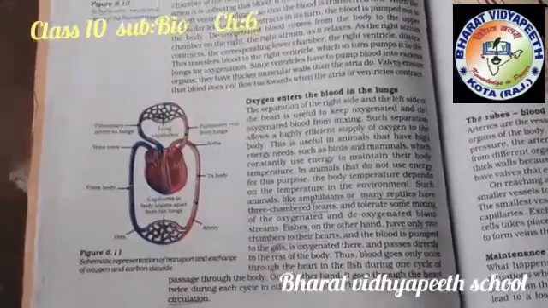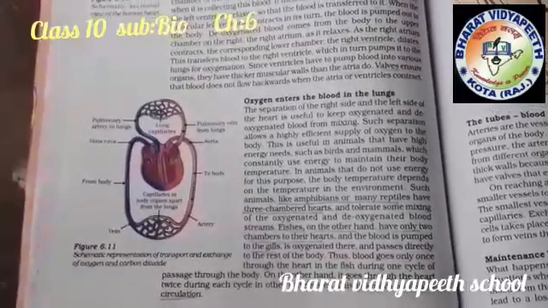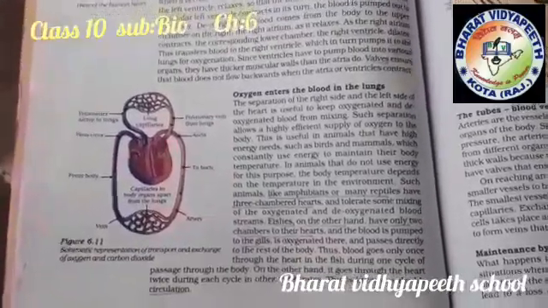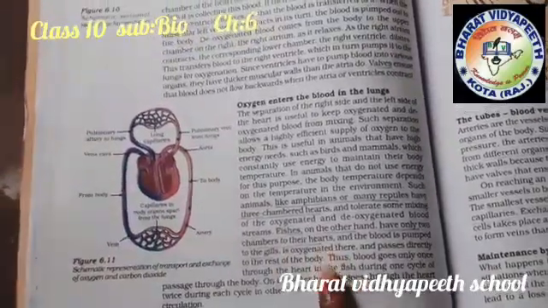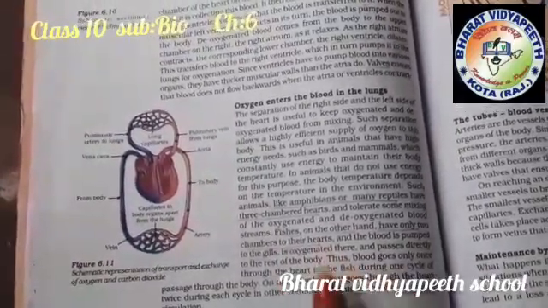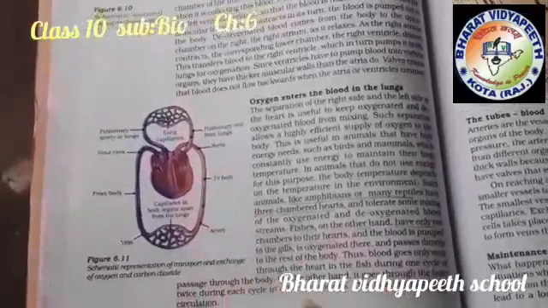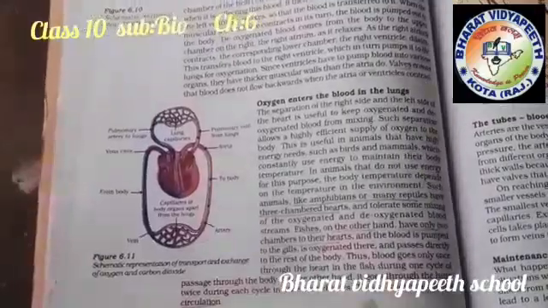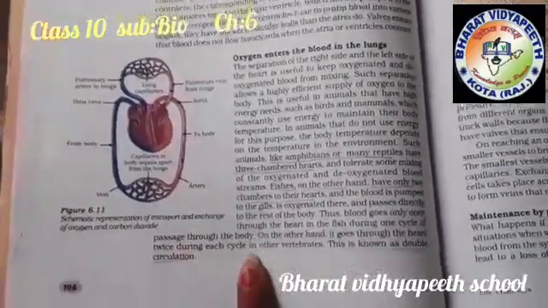In this 2 chambered heart in fishes, the heart helps in the pumping of the blood, and the gills transfer oxygenated blood to the body. In fishes only one circle is completed, from one side to the other. But in humans and other animals, the blood passes through the heart twice in one cycle.